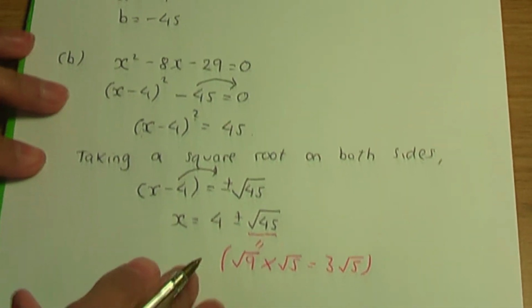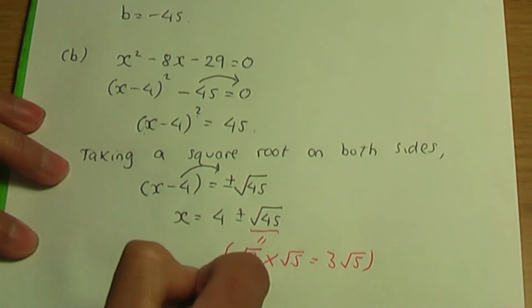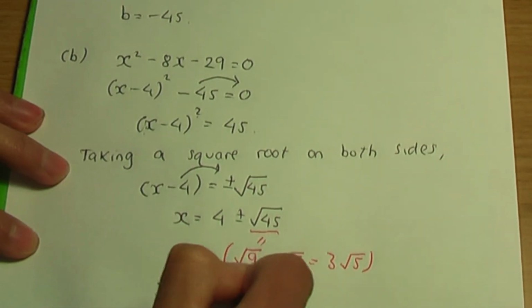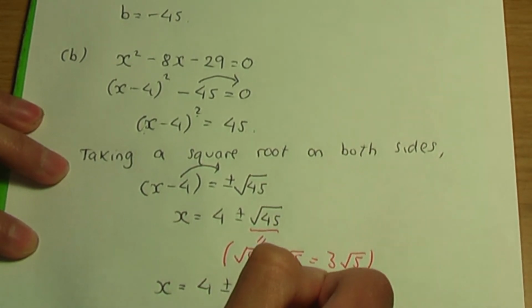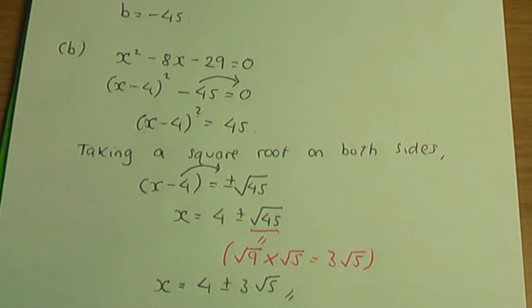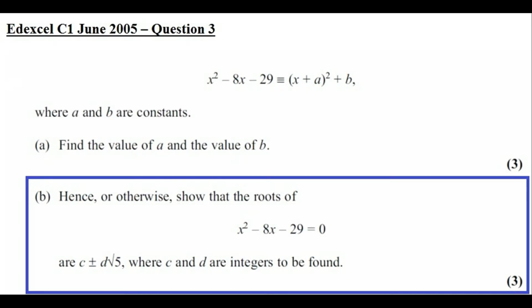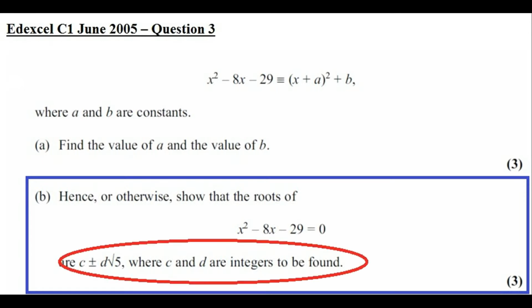So with that being said, I can write our solution as x is equal to 4 plus or minus 3 square root of 5. So if we go back to the question, that is what the question needs. We need to show that the roots of that quadratic are of the type c plus or minus d root 5, where c and d are integers.